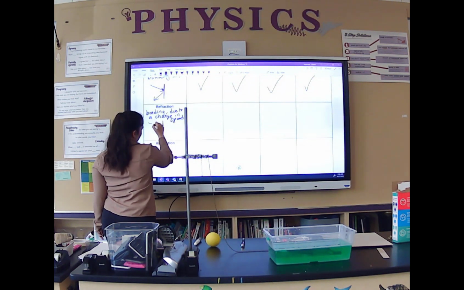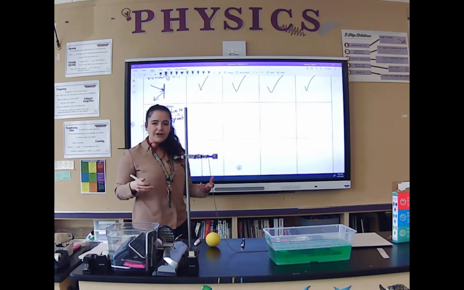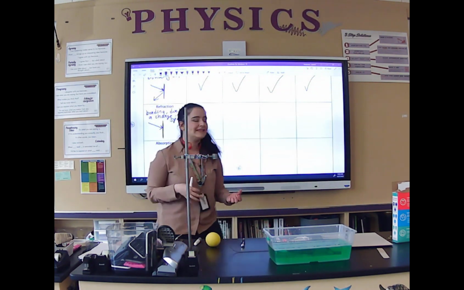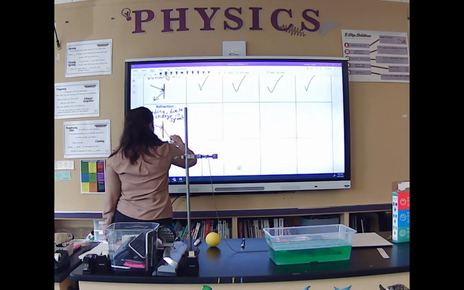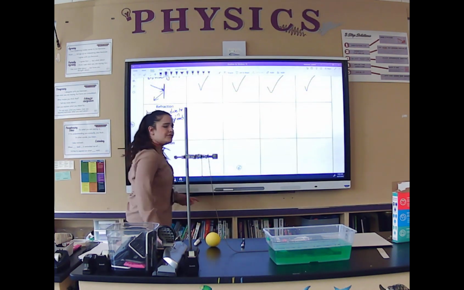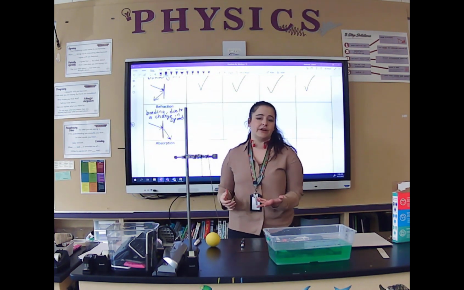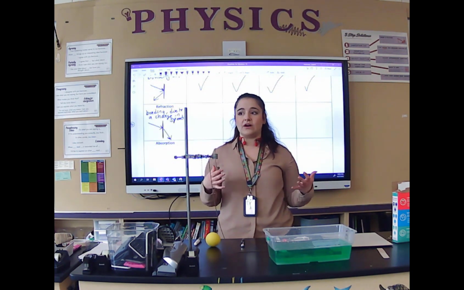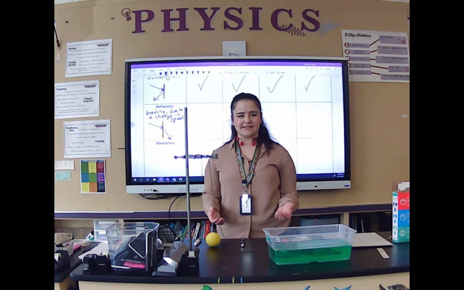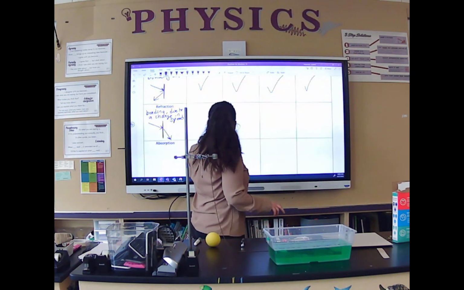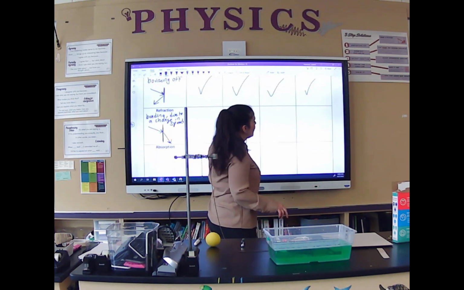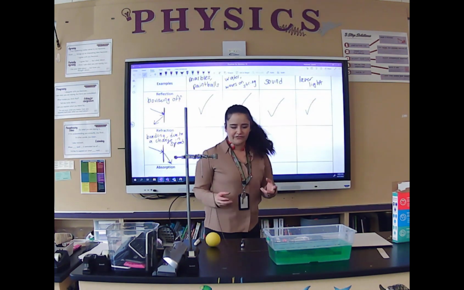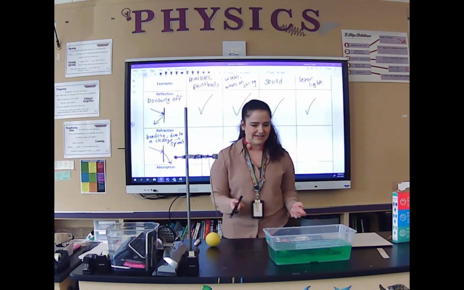So, for example, it would hit the boundary, move from whatever medium it was in to a new medium and bend. Note, this only happens if you're hitting that boundary at an angle of less than 90 degrees. So for refraction, I'll go ahead and show it to you guys with the light first because I think that's the easiest way to see it.